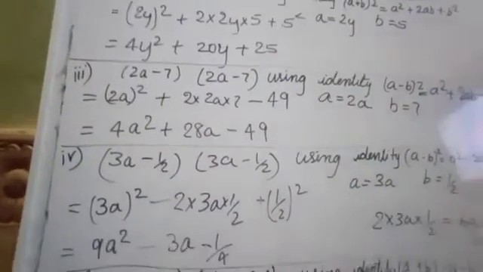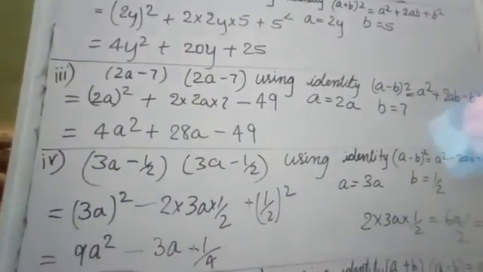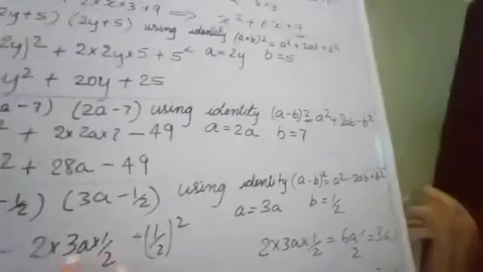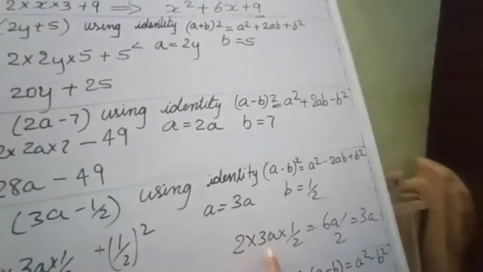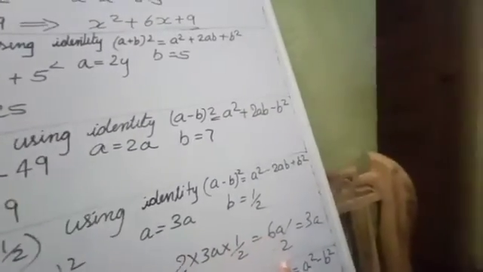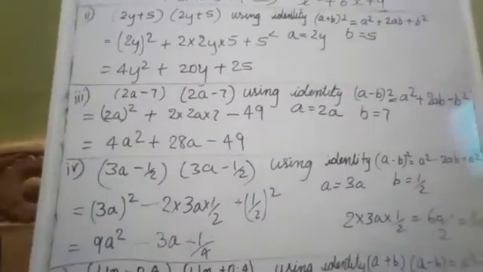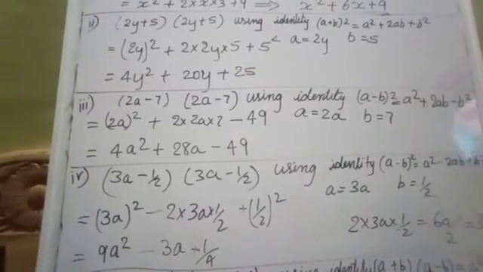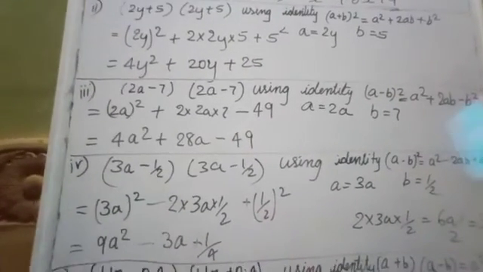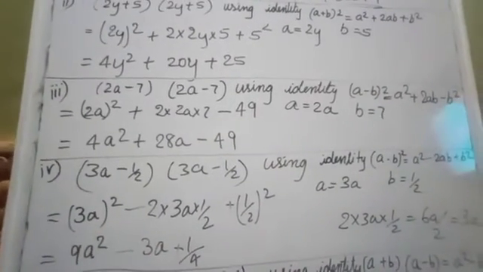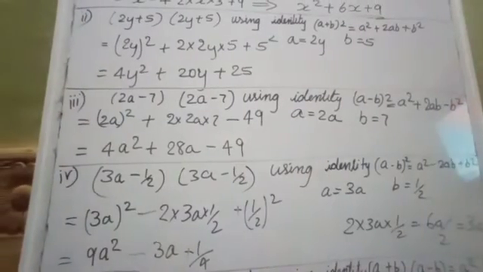So according to that, 9a square minus, 2 3s are 6, you are getting 6a upon 2. If you simplify, 2 1s are 2, 3s are, you are going to get 3a, plus 1 upon 4 when you square 1/2. Very easily you can solve it.